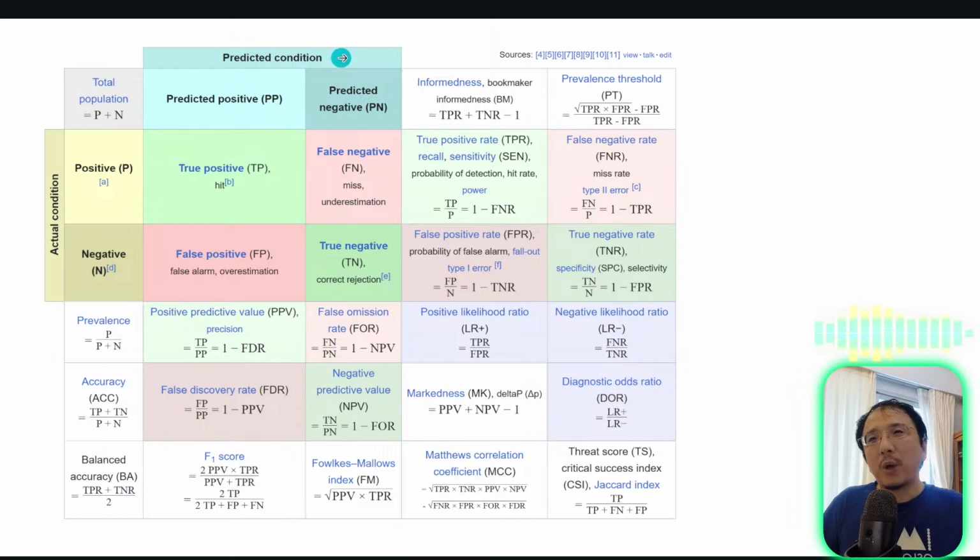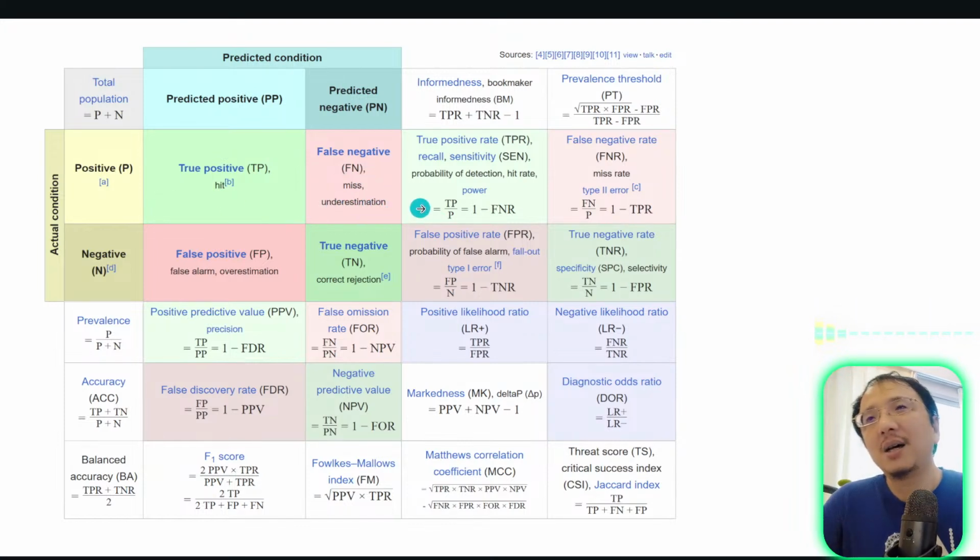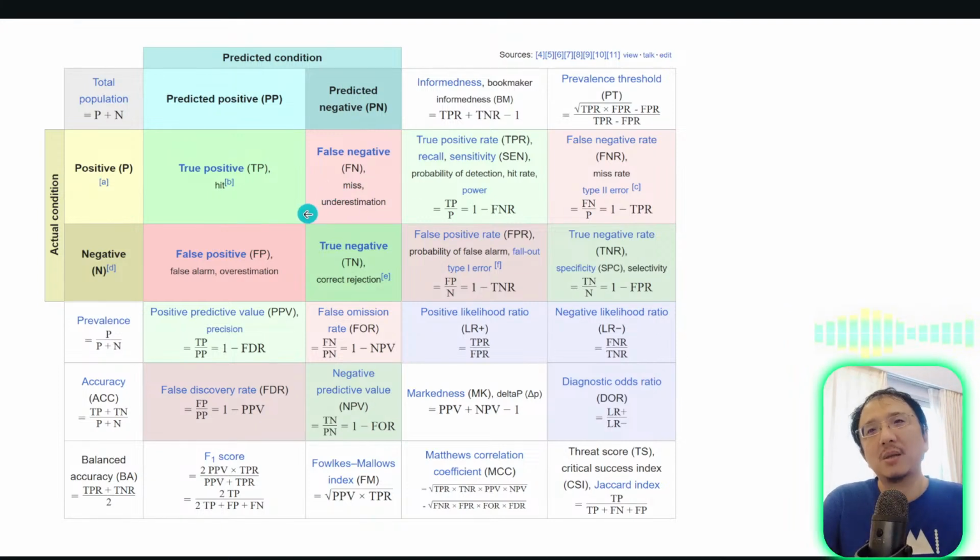This is where we predict it to be negative, and the actual is positive. Underestimation is also another term to describe the situation of false negative.